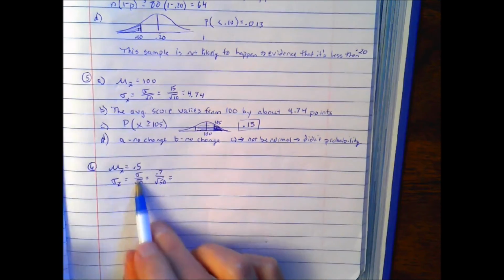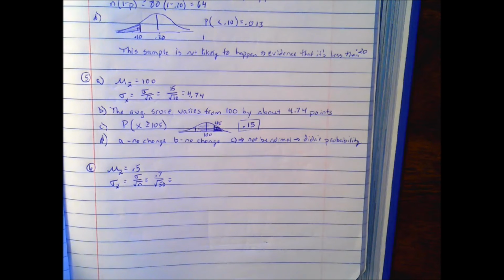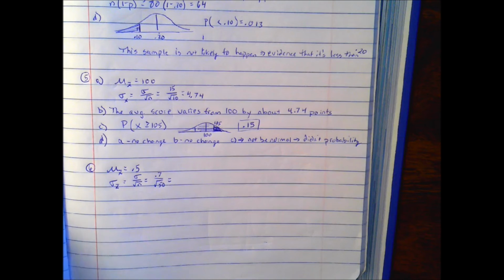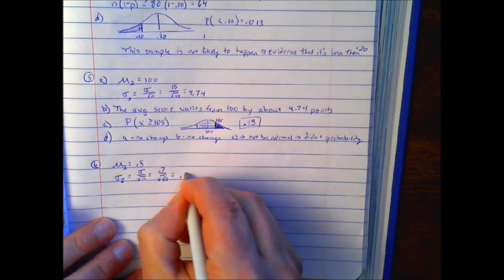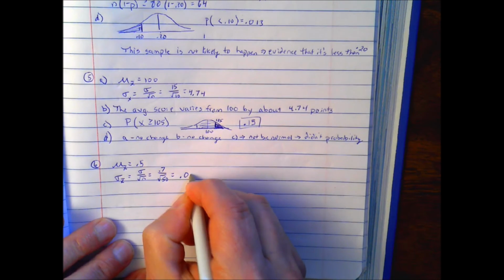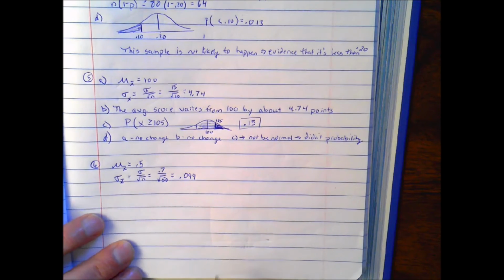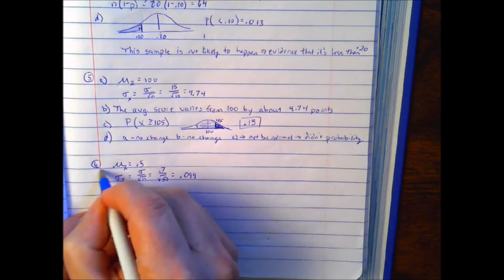So we're going to have 0.7 divided by the square root of 50, which gives us 0.099. Okay, so we have our mean and our standard deviation.